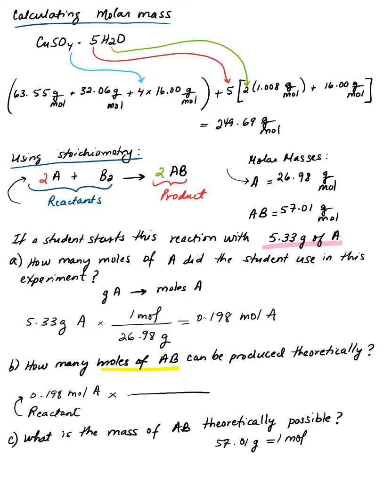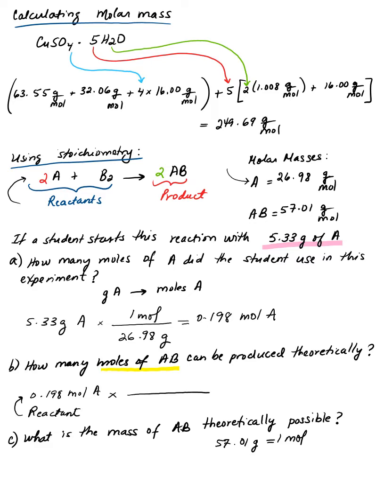So the actual initial amount is not 2 moles of A. With 2 moles of A, you know you can get 2 moles of AB. But what you have is 0.198 moles of A. And you want to know how many moles of AB you can get with that initial amount of your reactant.